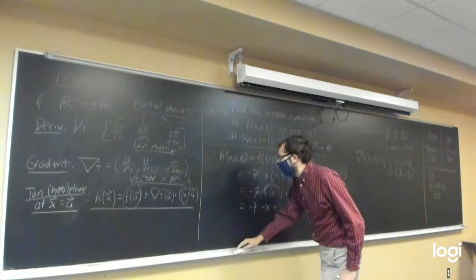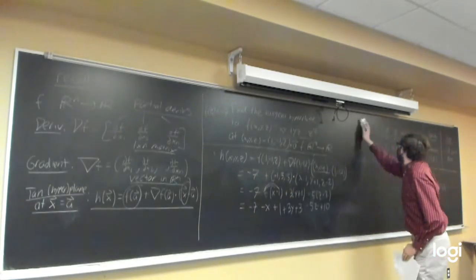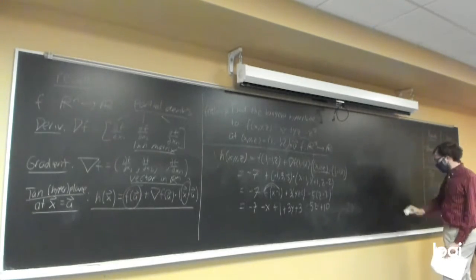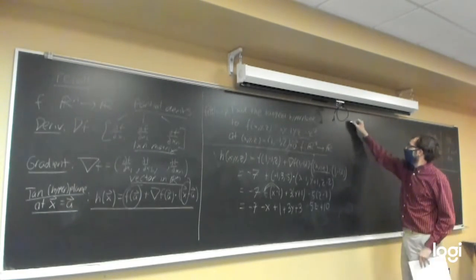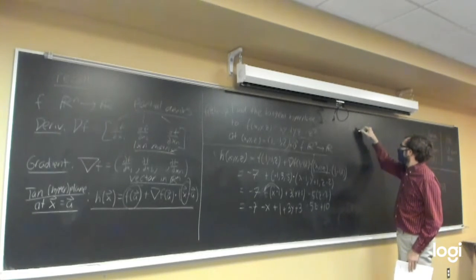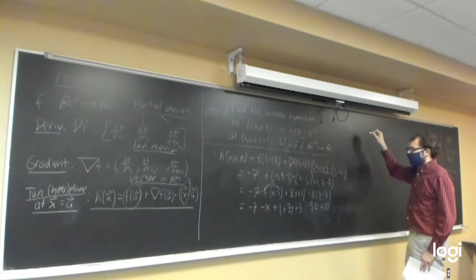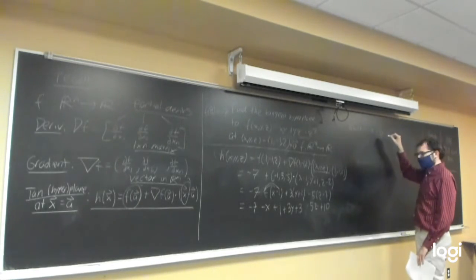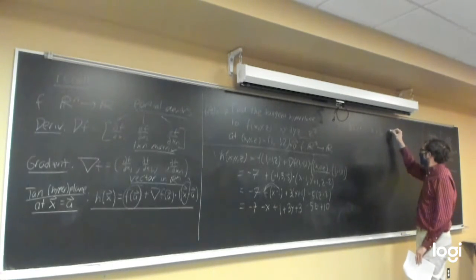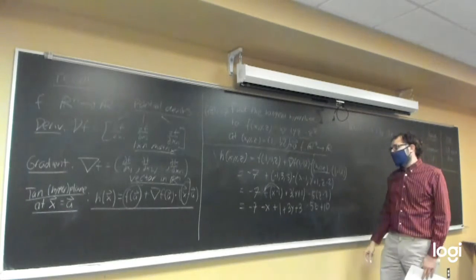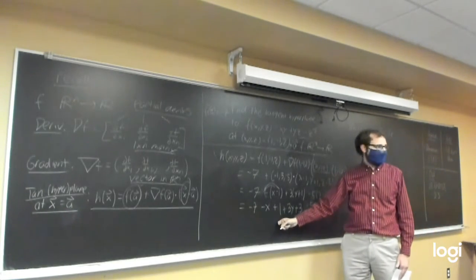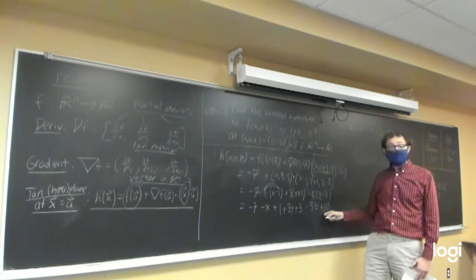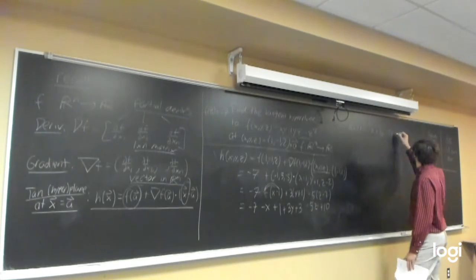Which, when we simplify, we're ultimately going to be left with the expression h of xyz is equal to negative x plus 3y minus 5z, and then minus 7 plus 1 is negative 6, plus 3 is negative 3, plus 10 is going to give us a positive 7.